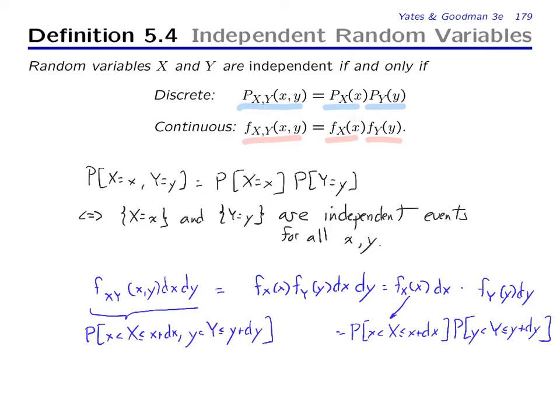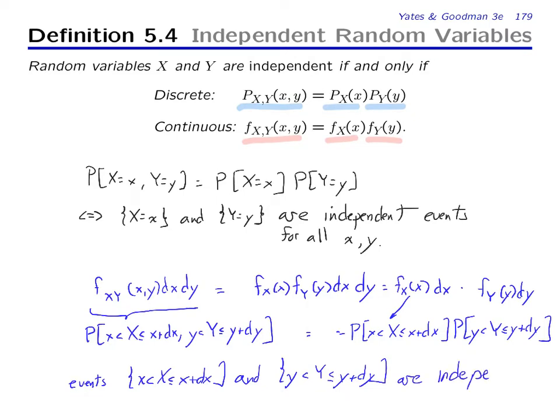And so we see, in fact, we have exactly the same kind of equality in the sense that the event that x is right around x within some little dx, and the event that y is right around y within some little dy, these are independent. And once again, this has to be true for all little x and all little y.